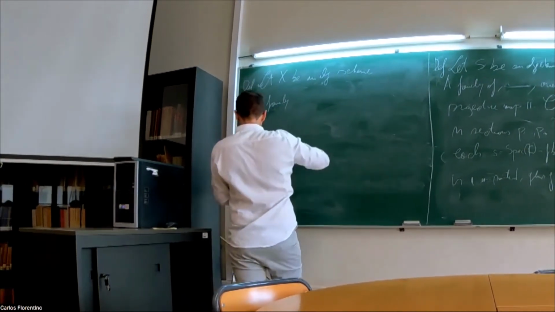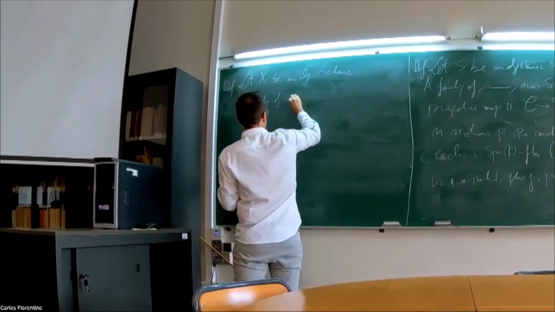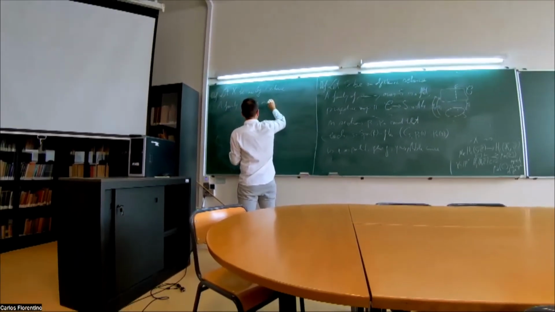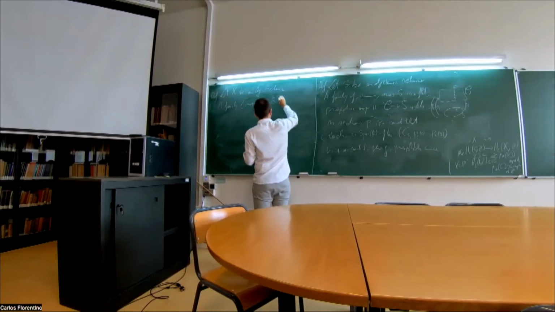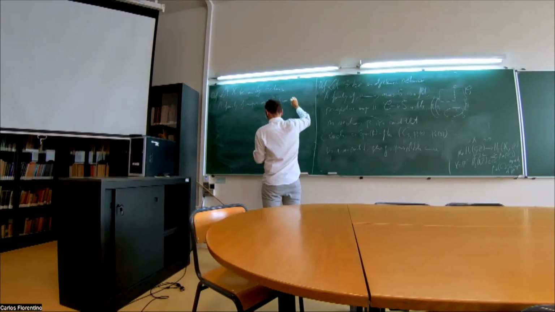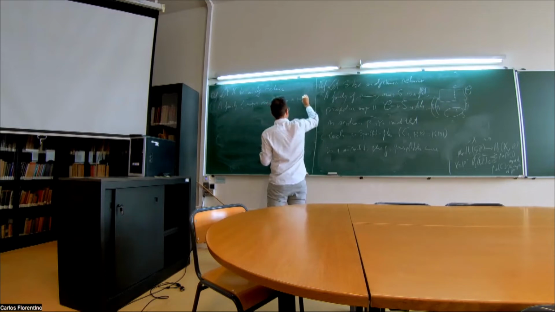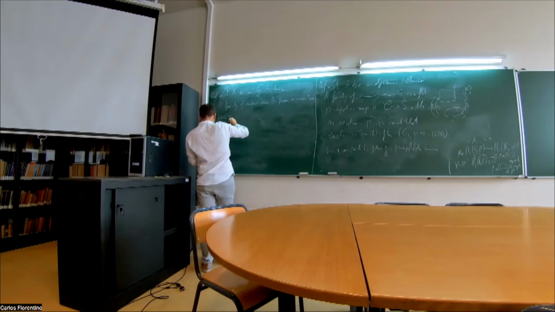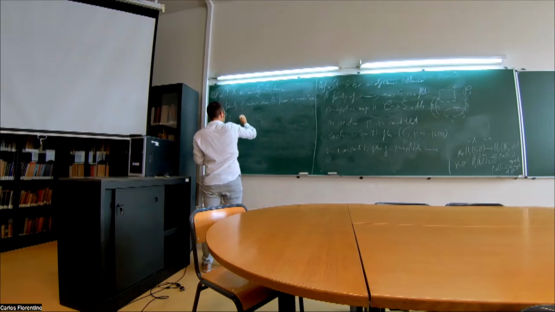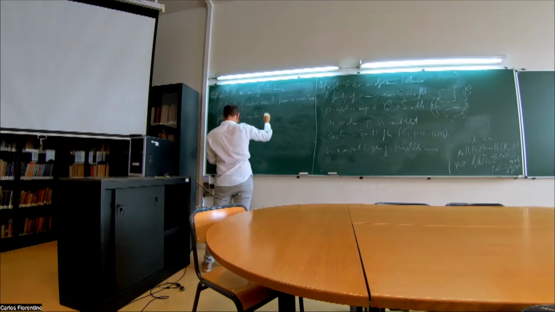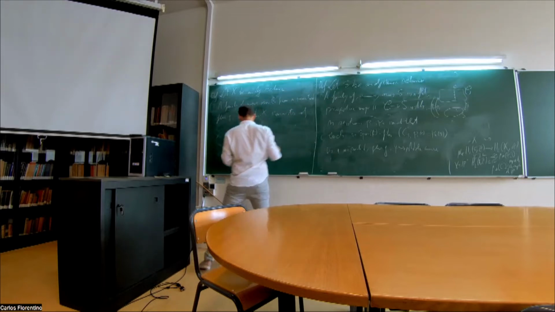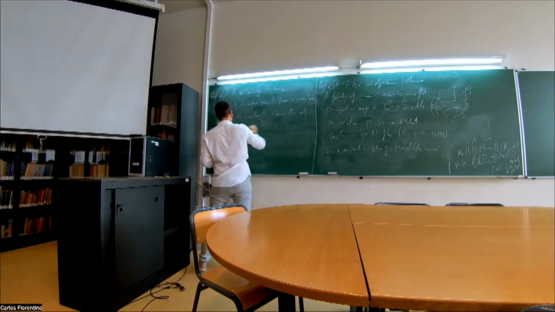So, a family of stable maps over S from n-pointed genus g curves to X consists of the following data.